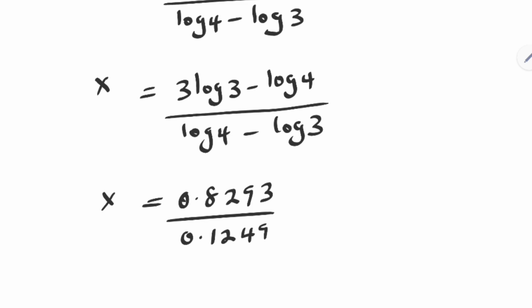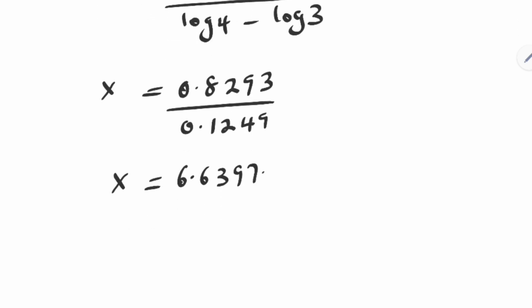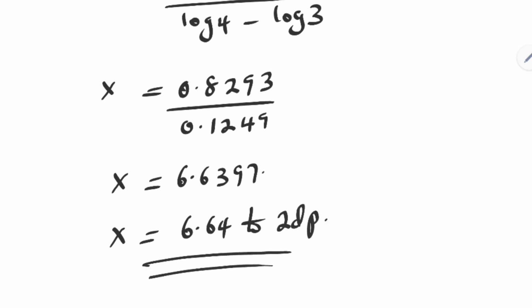And if you divide 0.8293 by 0.1249, then x will be equal to 6.6397. Then x is equal to 6.64 to 2 decimal places. You've gotten the value of x, which is 6.64, using the method of general logarithm.